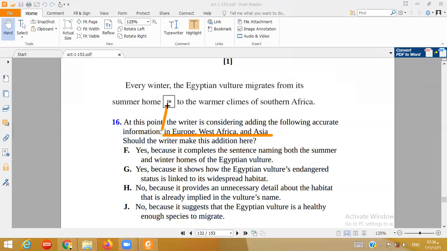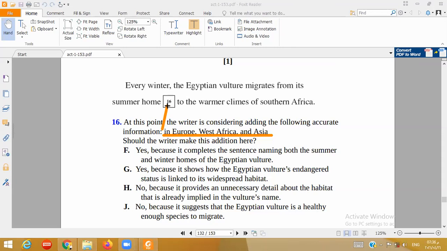Do you think this is going to be good or unnecessary? Again, in number 16, the writer wants to add more accurate information about the summer home of the Egyptian vulture. He wants to put in Europe, West Africa, and Asia.